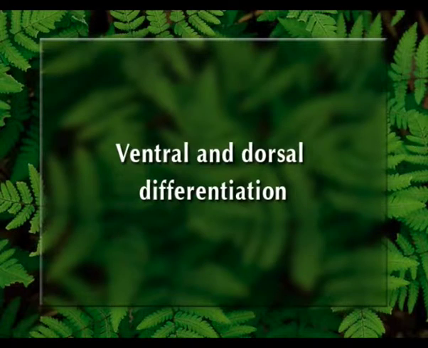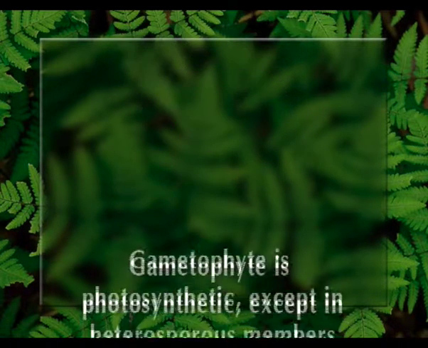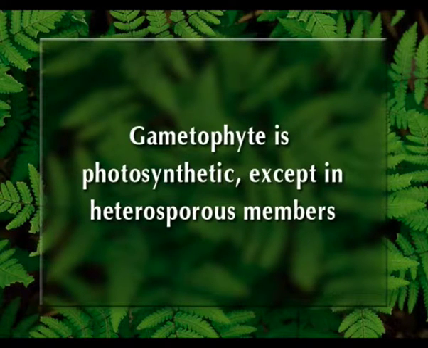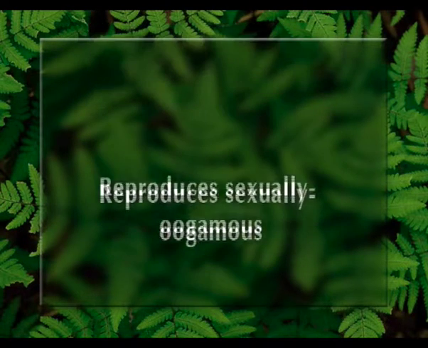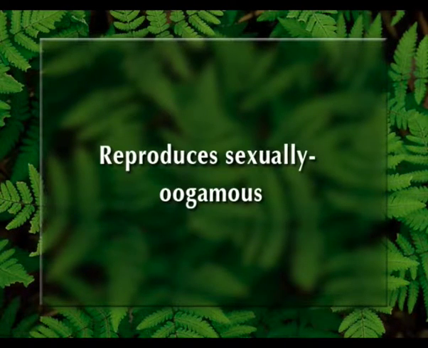The gametophytes show a ventral and a dorsal differentiation. The gametophyte is usually photosynthetic except in heterosporous members. The gametophyte reproduces sexually, and the sexual reproduction here is of the oogamous type.